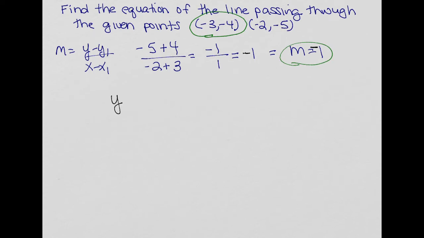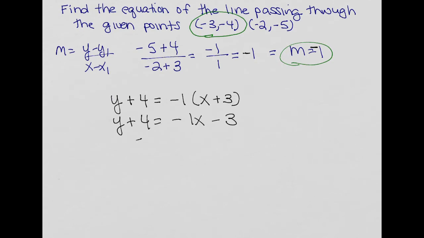So I'm going to have y minus a -4 is going to be y plus 4 equals the slope is -1. And then x minus a -3 will be +3. So y plus 4 equals a negative, I'll leave it as -1x and -3.